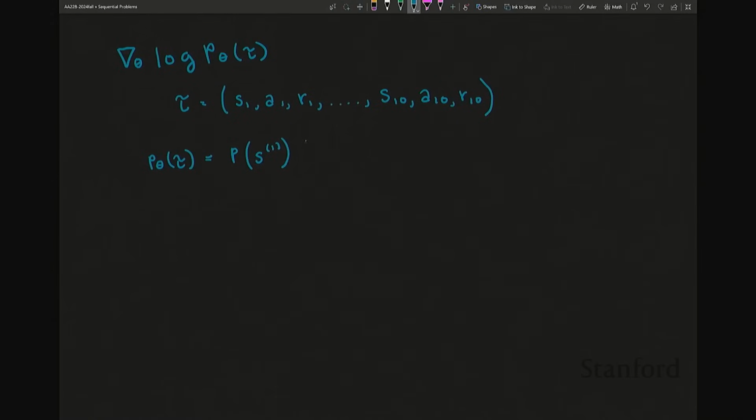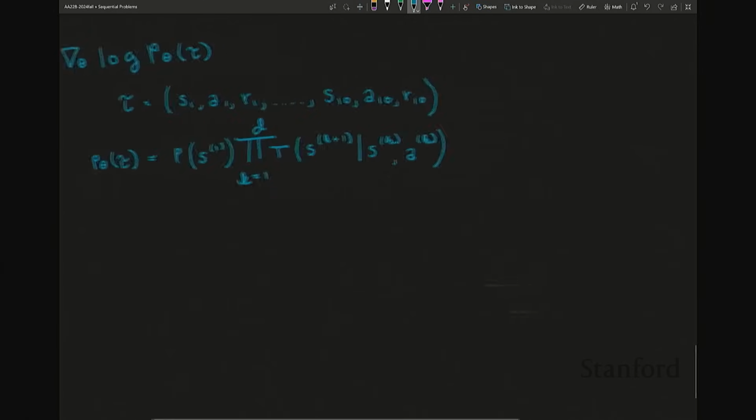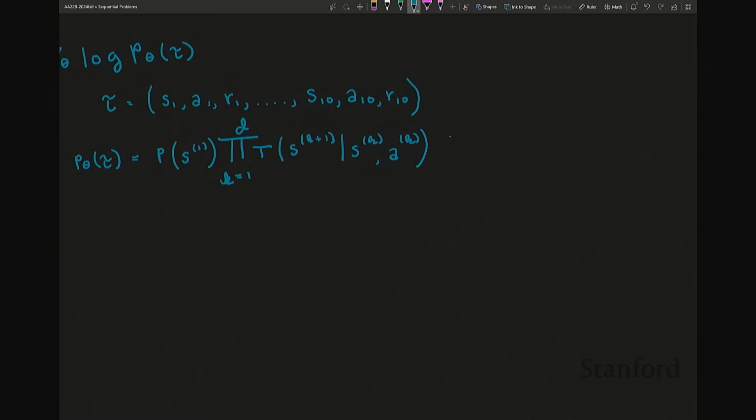So we have that, and then we're multiplying that by the product across our timestamps of the transition probability. So how likely is it that we go to the next state, given that we're in our current state and we took this chosen action in our trajectory, and then we multiply that by the likelihood of that action according to our policy.